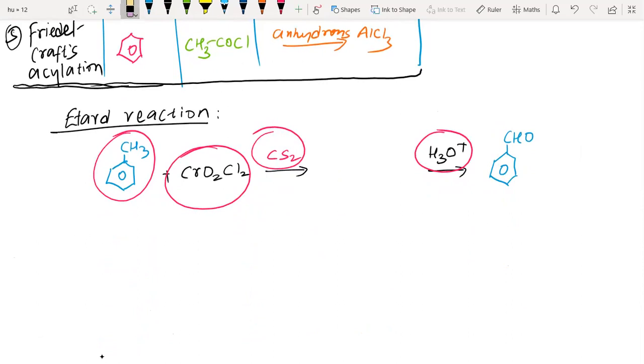Now we'll see the intermediate. During the reaction, two hydrogen atoms are replaced from the methyl group, and the intermediate which we get is known as the chromium complex.